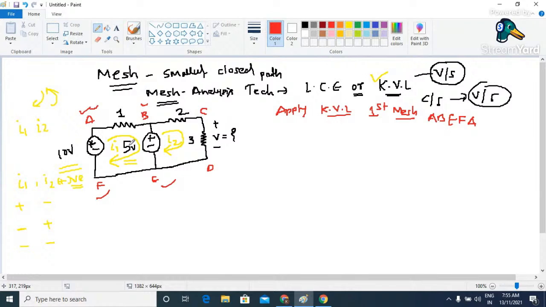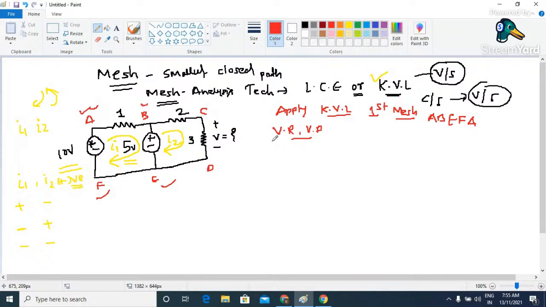In this mesh, I'm reading the circuit in the direction of current. The moment we read the circuit in the direction of current, we need to apply the concept of voltage drop or voltage rise. This is very important. According to my sign convention, voltage drops are negative. When we are moving in the direction of current, from plus to minus, we experience a drop.